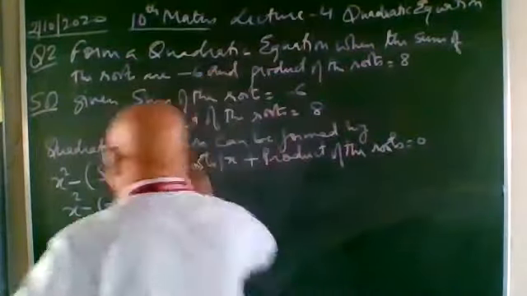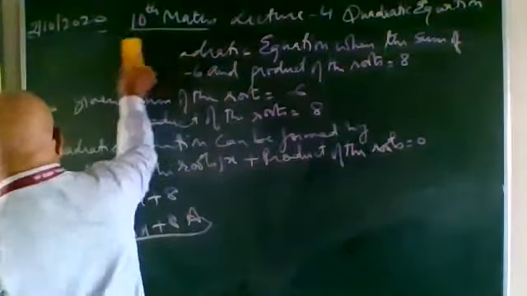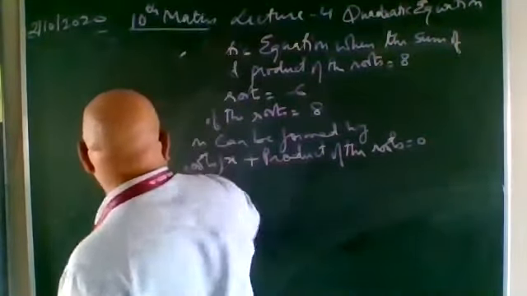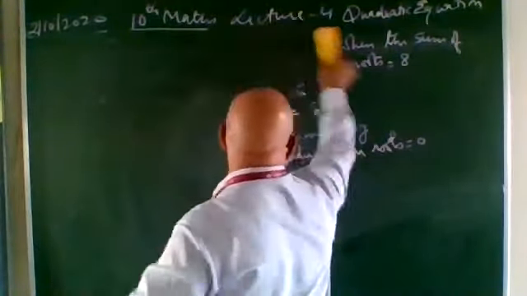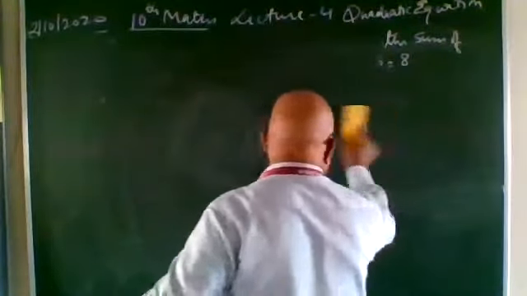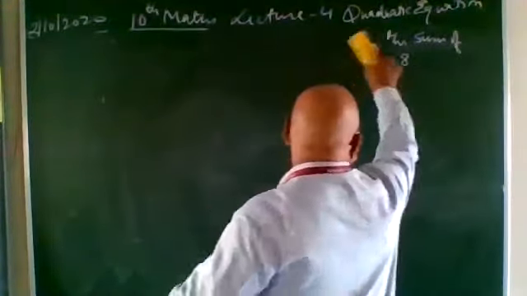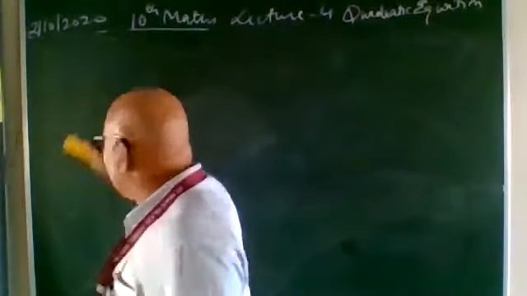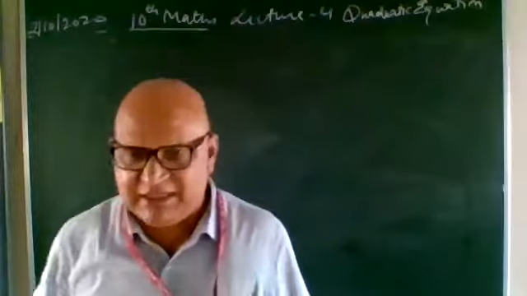Next, you have studied the quadratic polynomial, and in the same way the quadratic equation is there. But the only difference is that in a quadratic equation we equate the quadratic polynomial to 0.